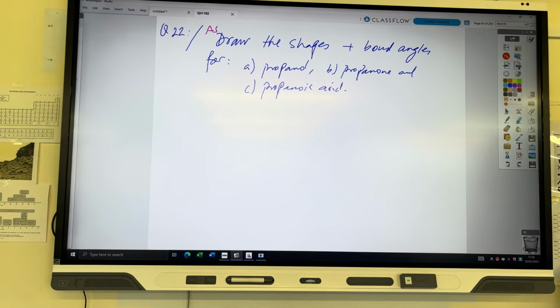Question 22, draw the shapes and bond angles for propanone and propanoic acid.